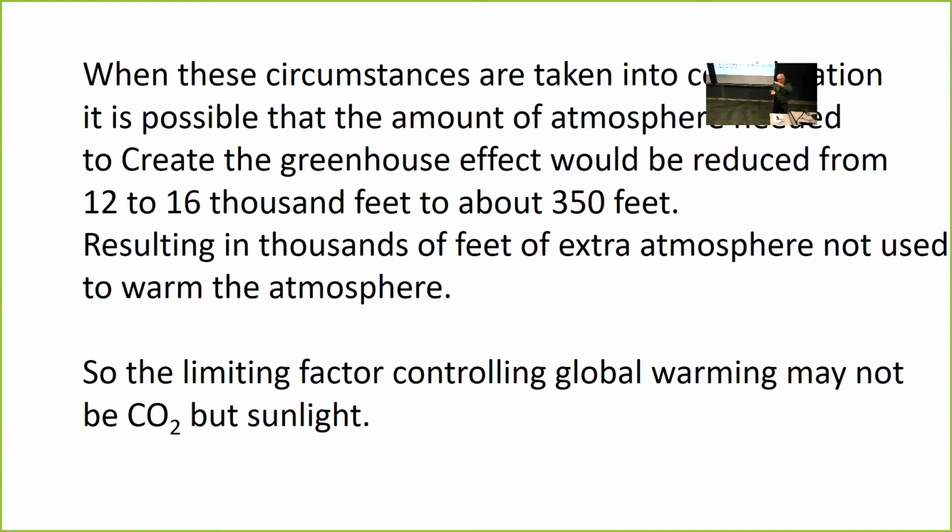However, if there's enough CO2 in the atmosphere at 350 feet to absorb all the radiation that's coming off the surface of the Earth, that infrared radiation, then all of this from here up to outer space is now extra. And so adding more to the natural extra that's already there is not going to change the outcome, or very little change to the outcome.